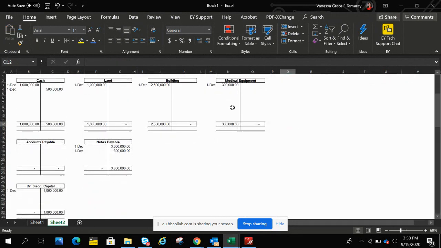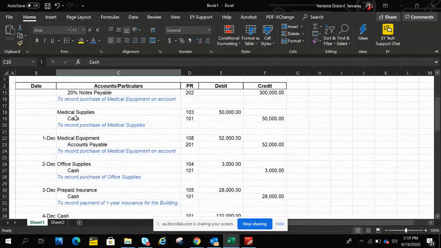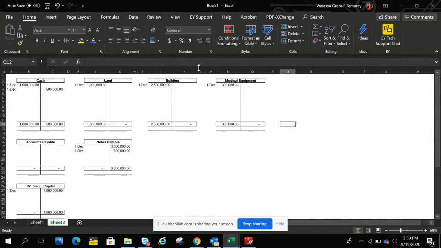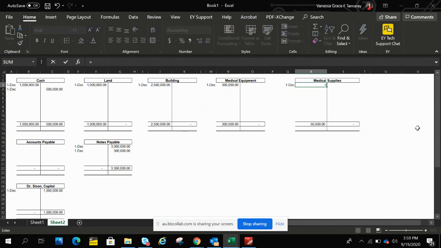Okay, next, medical supplies, 3,000 pesos. So, let's copy again. Konti na lang. 50,000 pesos.